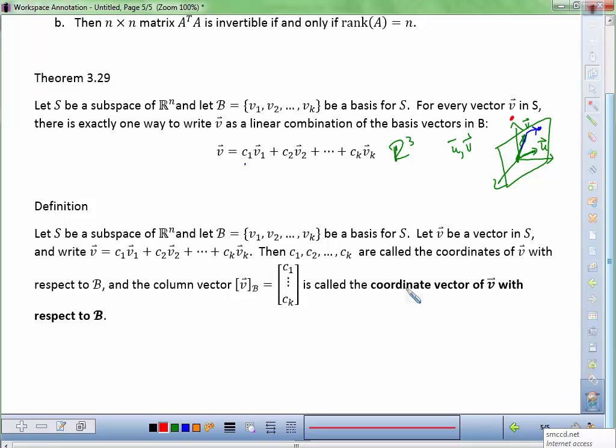Now, this last bit of information tells us that we can write a coordinate vector with respect to a basis. We've been using coordinate vectors with respect to particular basis vectors for a long time, right? So for this one, let's take an example in R2.